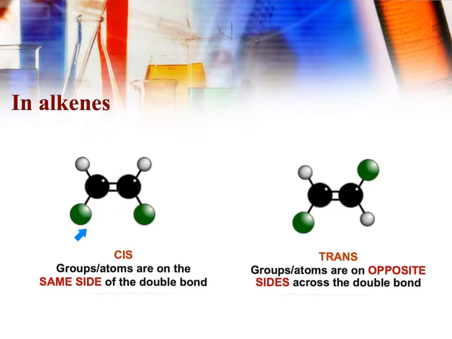So we would name the chemical compound, and then we would have the prefix cis in front of it. Trans, on the other hand, has the groups of atoms on opposite sides from one another, and so again we would name the chemical compound, but we would use the prefix trans.